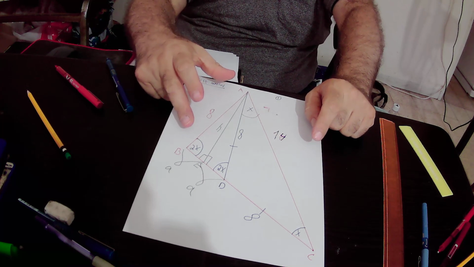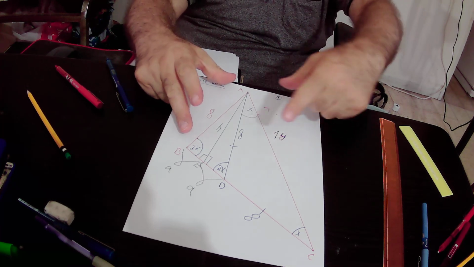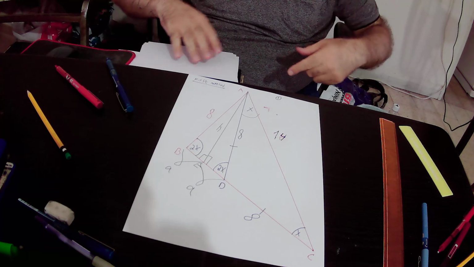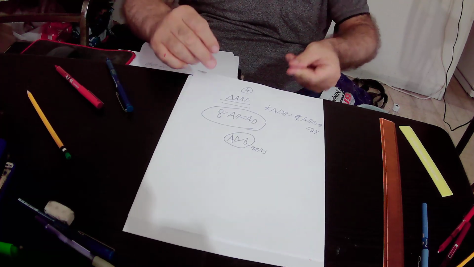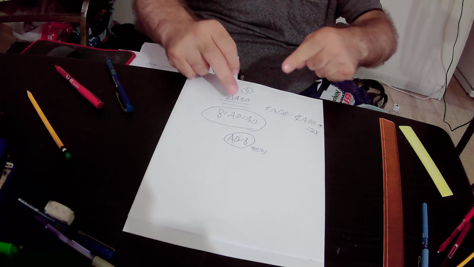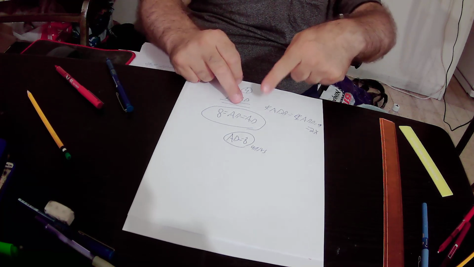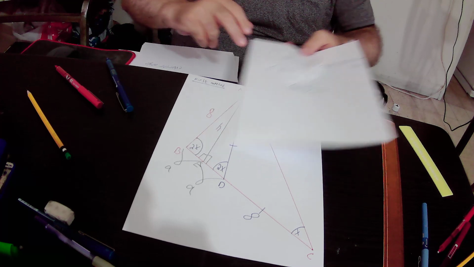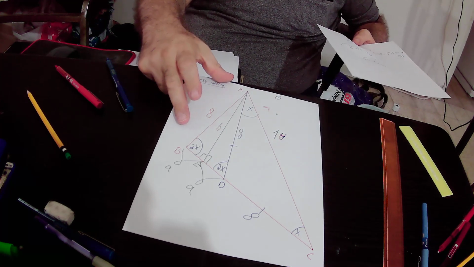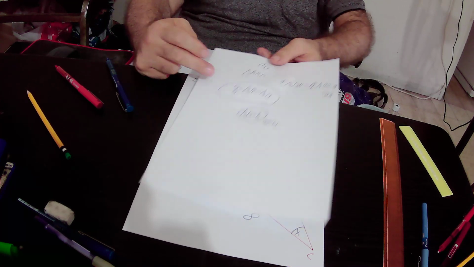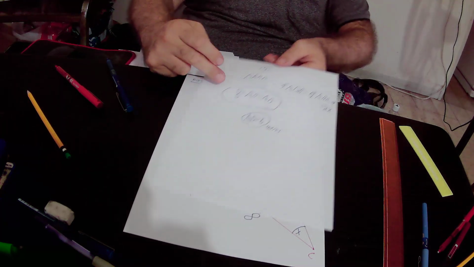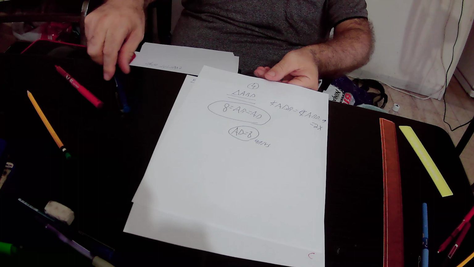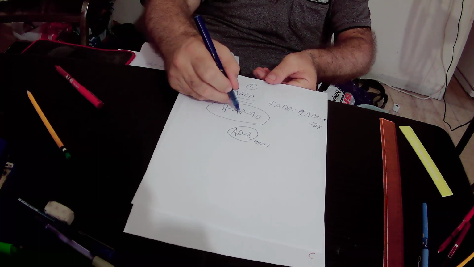That is to say, AB will be equal to AD. But we know that AD equals 8 units. It is given in the question. AB equals 8 units.